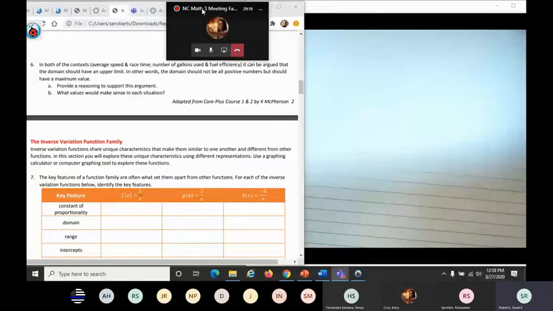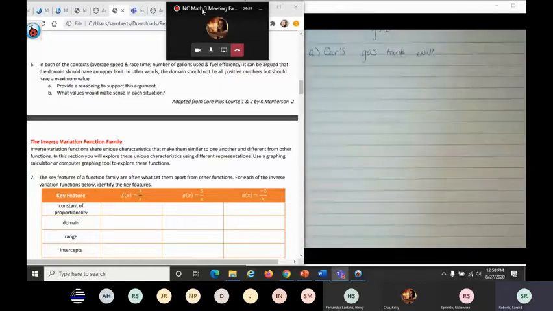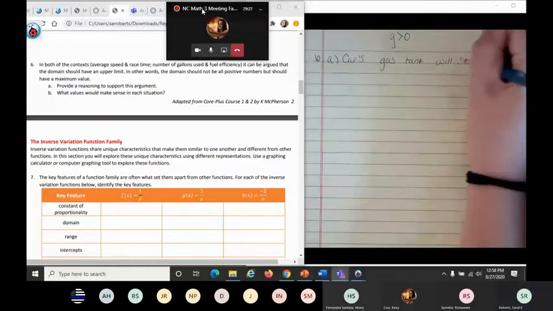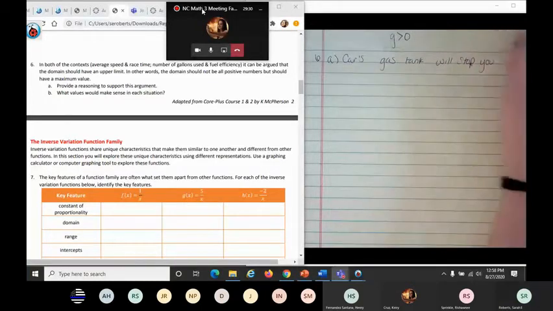Okay, so in number 6, Katie said the car's gas tank will stop you from putting more gas in.